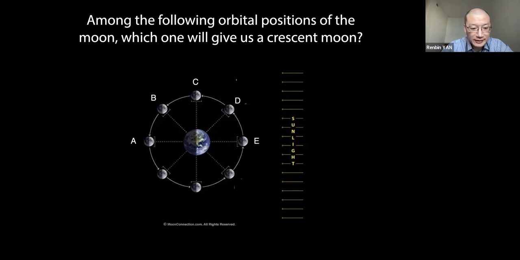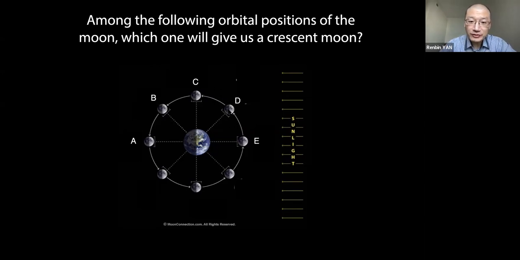I guess maybe that was my problem, that option wasn't phrased properly. So you would see a crescent moon over this area or this area, right? The bottom half would also give you a crescent moon, but not at the position of E, because at this position you will only see a new moon, or you will not see a moon at all.